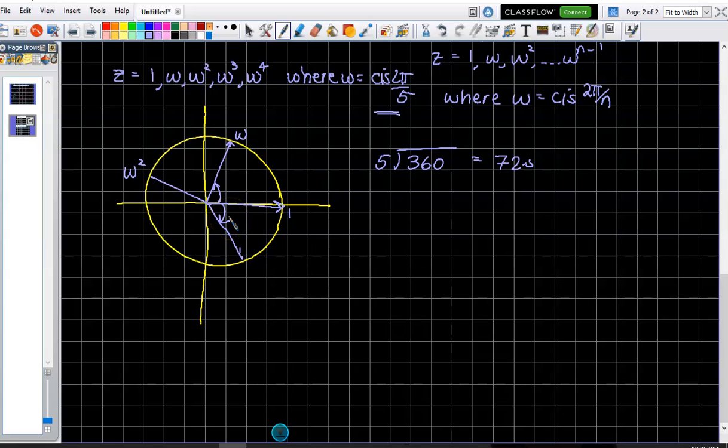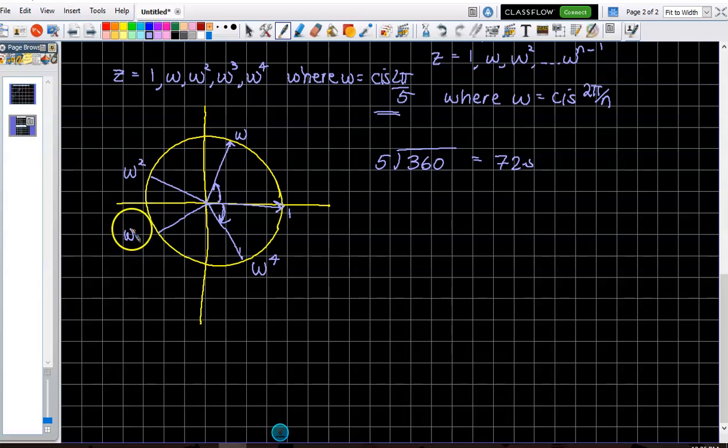They're going to look for that in your diagrams, that they have to be evenly spaced, but also that these are the same angles. Why? Because they're conjugate pairs, and we know that the conjugate of a complex number is reflected in the real axis. So that becomes W^4, and then this one here. Do they somewhat look evenly spaced?